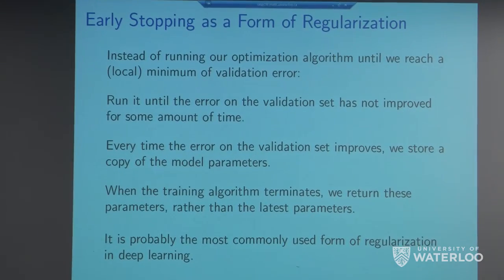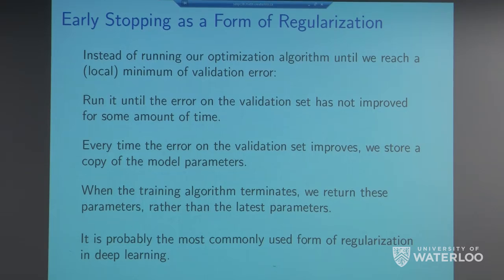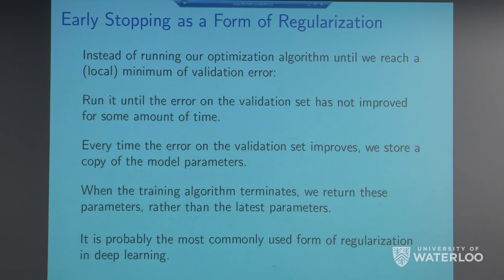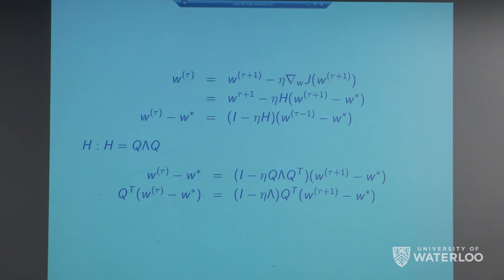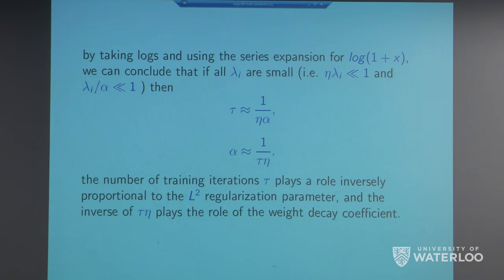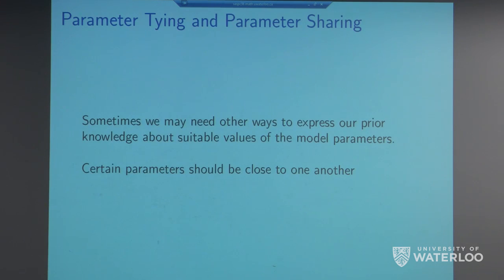Go for 500. You can potentially minimize the training error more by going through more epochs, but don't do it. Stop early. For early stopping also, you can prove mathematically that it corresponds to getting rid of some directions of the Hessian, which I ignore here.